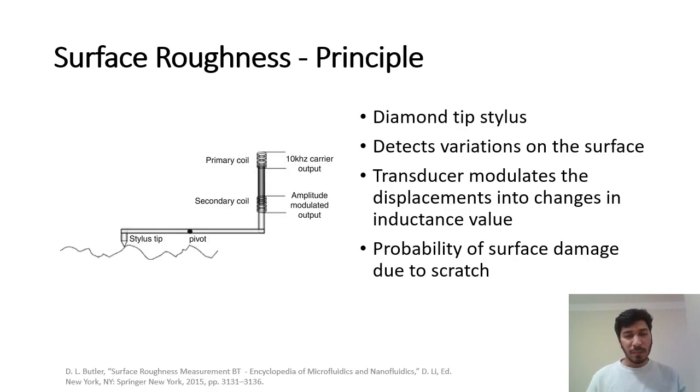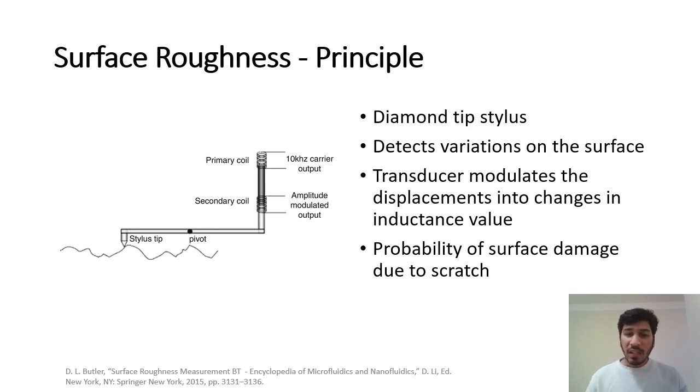The basic principle of a surface roughness tester involves a vertical stylus that moves along the test surface, and when moving along the test surface, it detects the crests and the valleys on the workpiece that we want to measure the surface roughness for. This vertical displacement of the stylus is converted by a transducer into variance in the inductance of the coil, and this variance is calibrated into giving us the surface roughness values.